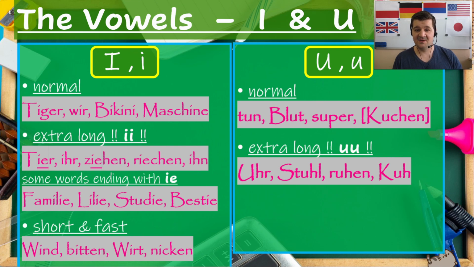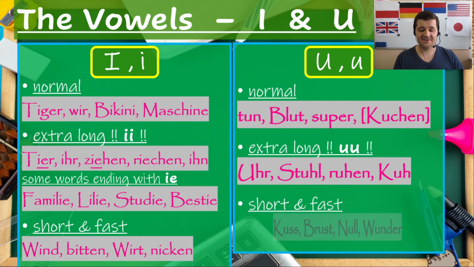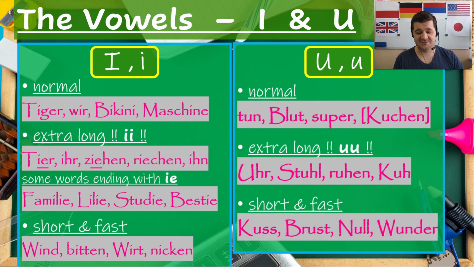Again, here H is in between two vowels, U and E, and you have to at least slightly pronounce it. So ruhen. And die Kuh. The short and fast category is der Kuss, die Brust, die Null, das Wunder.